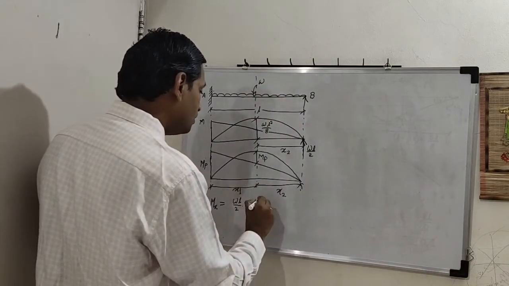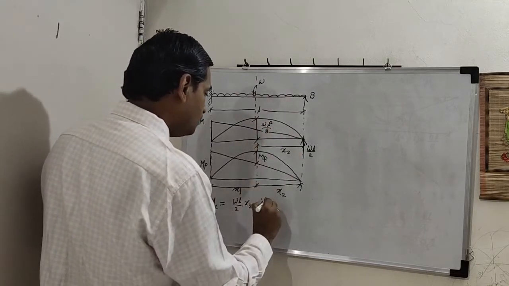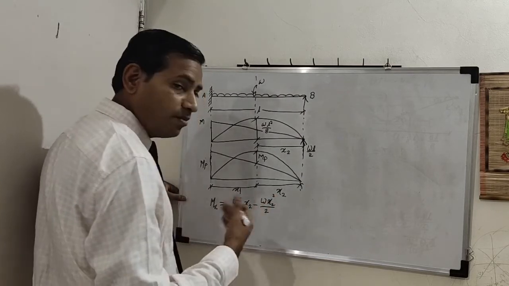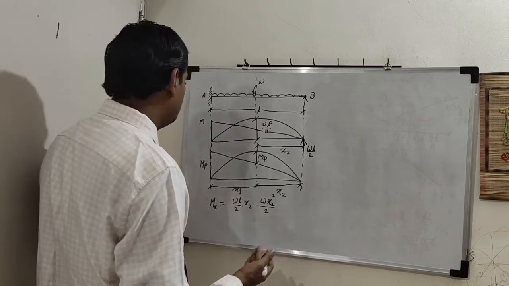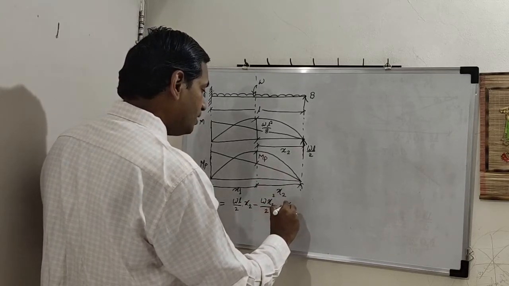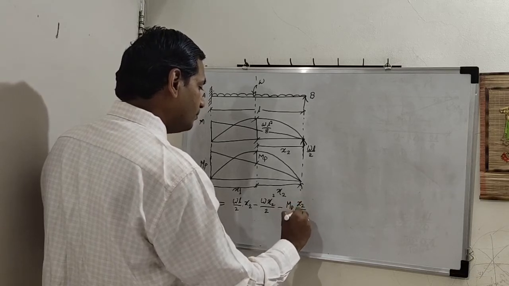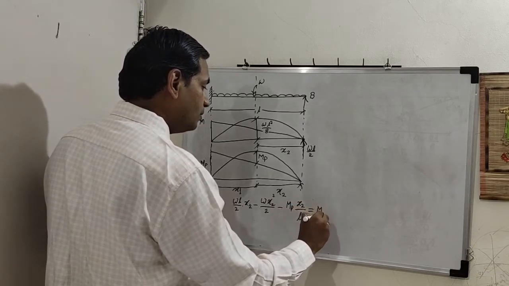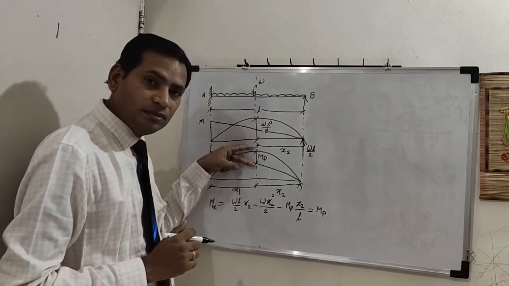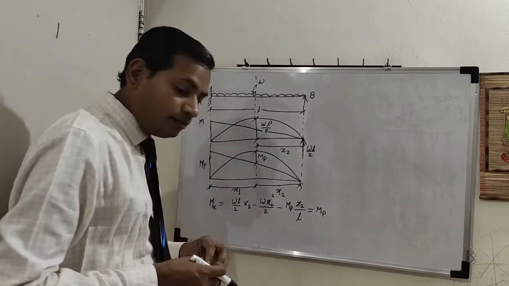So minus W into this distance, x2 square by 2. So minus Wx2 square by 2, and we need to introduce now plastic moment here. So minus Mp into x2 upon L, which is equal to Mp, net plastic moment. Okay, net plastic moment.